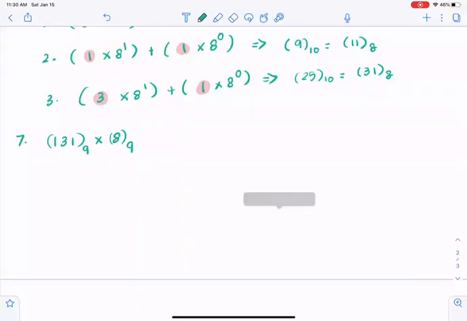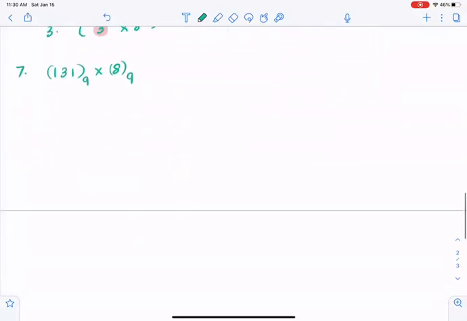So we want to multiply 131 in base 9 with 8 in base 9. Best to write it 9 raised 0, 9 raised 1, 9 raised 2. 9 raised 0 is 1, 9 raised 1 is 9, 9 raised 2 is 81.